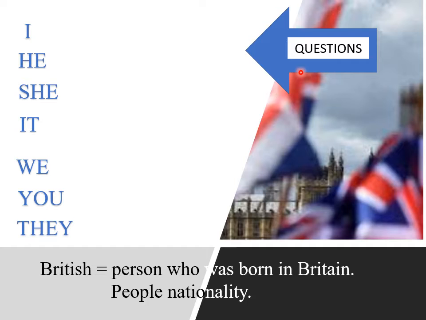Let's make some questions. Remember, here we have the list of the subject pronouns. I, he, she, it in singular form, we, you, and they, the plural form. But remember, we use you for singular too.